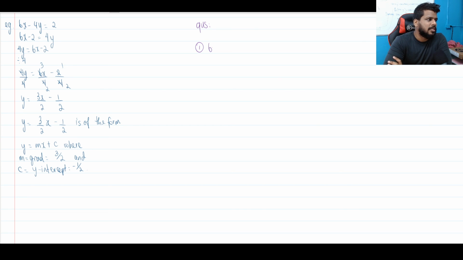So the questions are: 6x minus 2y is equal to 7. Number 2: minus 3x is equal to 4y. Number 3: 20 plus y is equal to 2x. Number 4: 25x minus a half y is equal to 3.